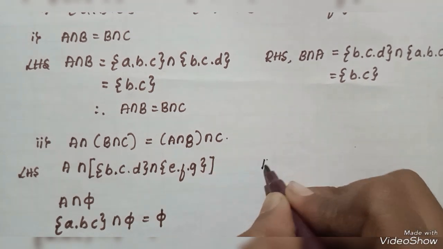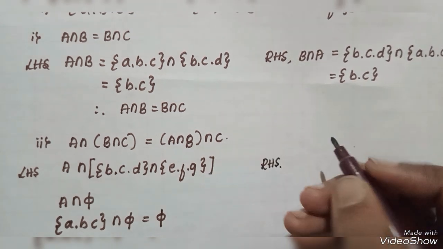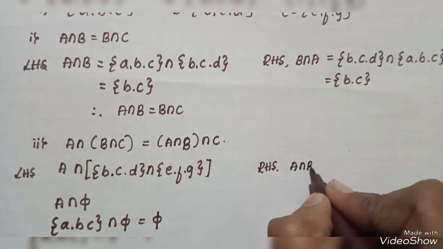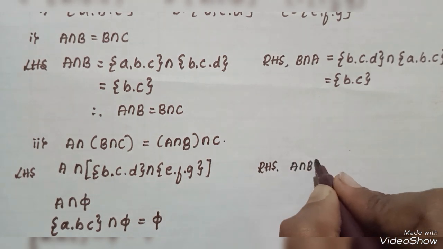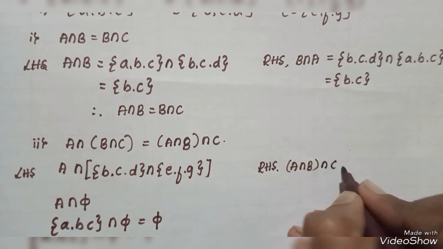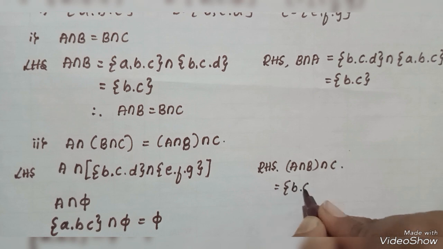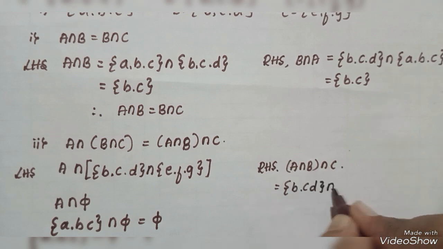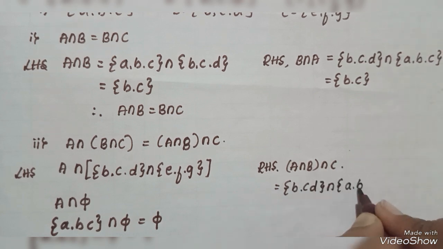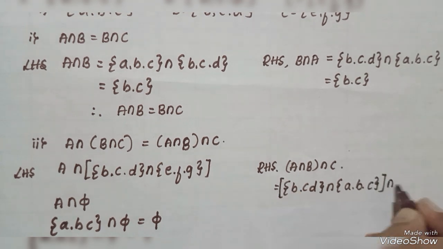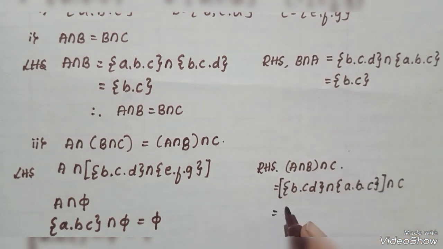Now considering the RHS part. What is the RHS part? A intersection B, intersection C. Here A intersection B: B, C, D intersection A, B, C, what are the common elements?